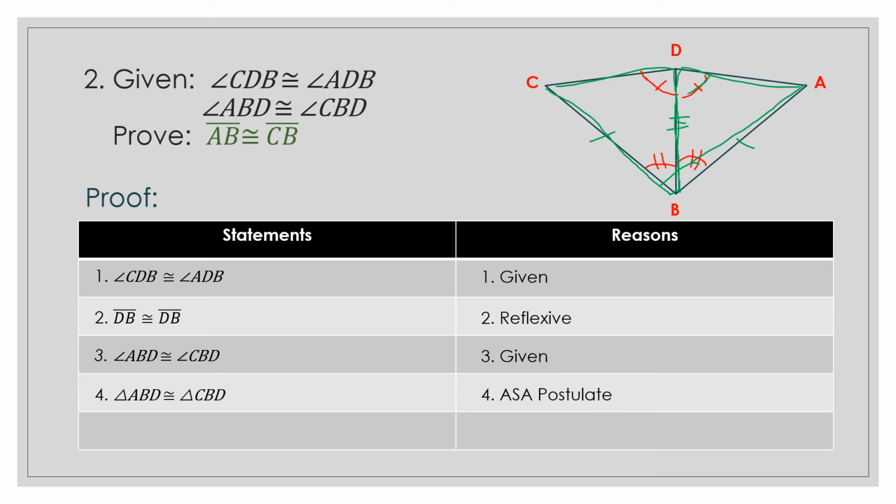And so, can we prove that segment AB is congruent to segment CB? Yes, and what is our reason for that? The CPCTC. Okay, because we know already that by ASA postulate that they are congruent. And we know that corresponding parts of corresponding triangles are congruent. Okay?